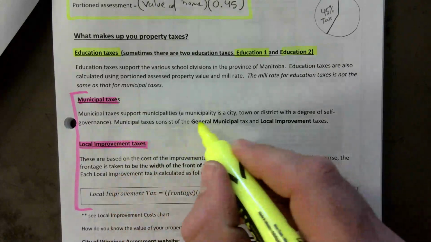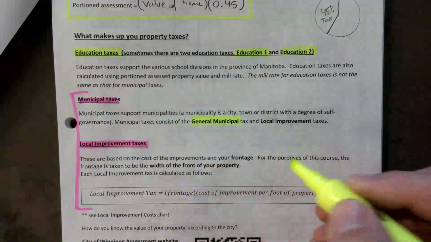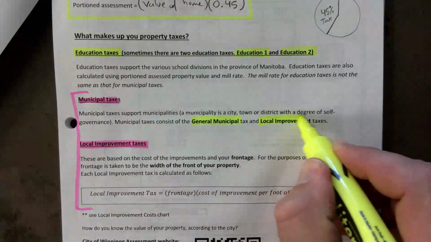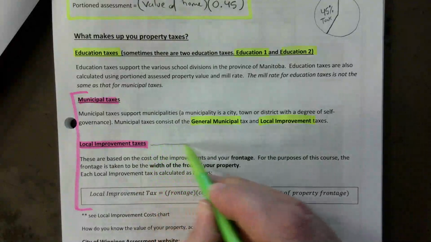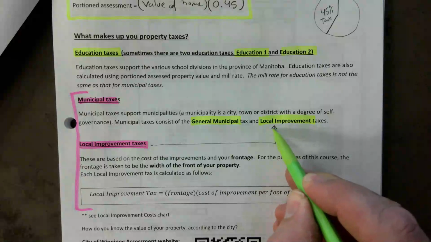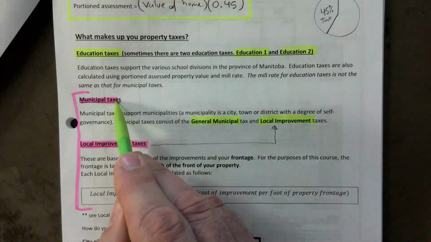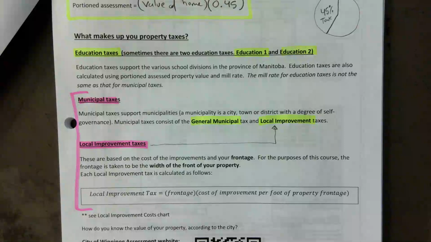So the municipal taxes will have just your general municipal tax and then local improvement. Right? So this part is going to be included in your municipal taxes. Okay? What are local improvements?